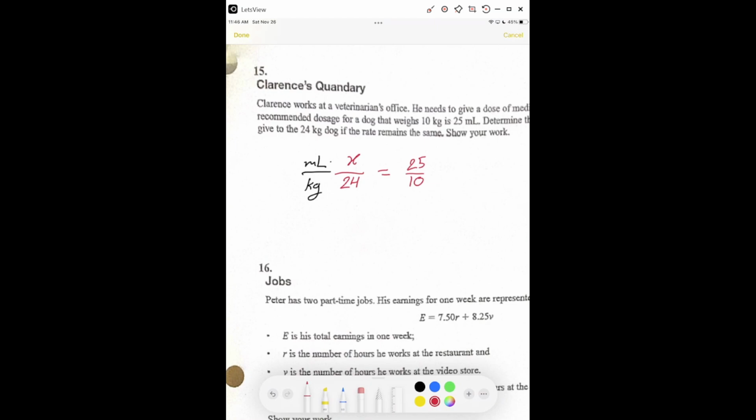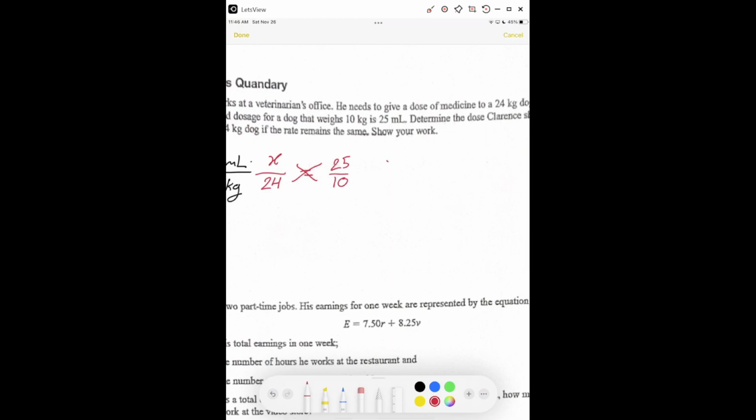Now there are two ways to do this, but for now I'm going to do cross multiplication. So you can rewrite this down as x multiplied by 10 is equal to 24 times 25.